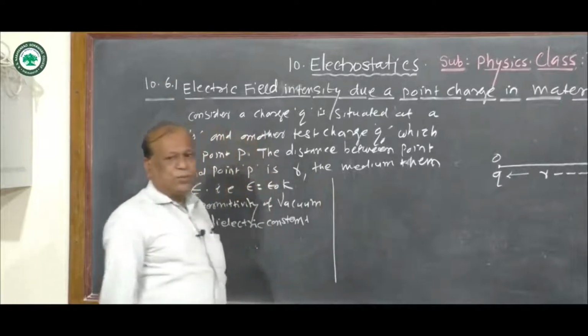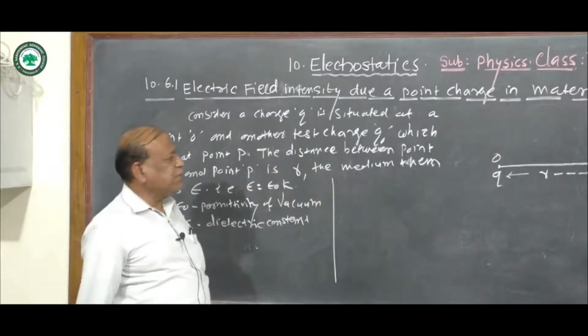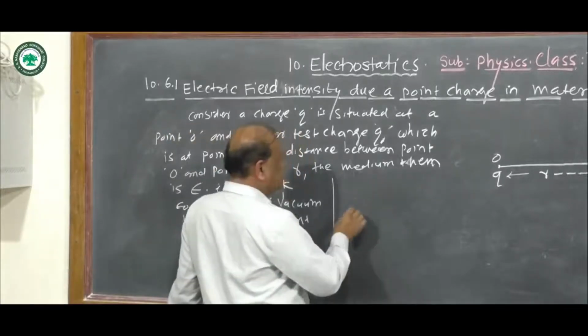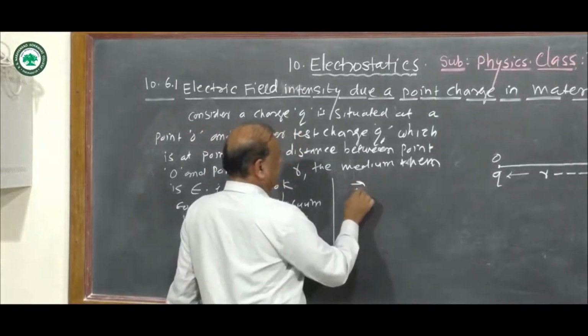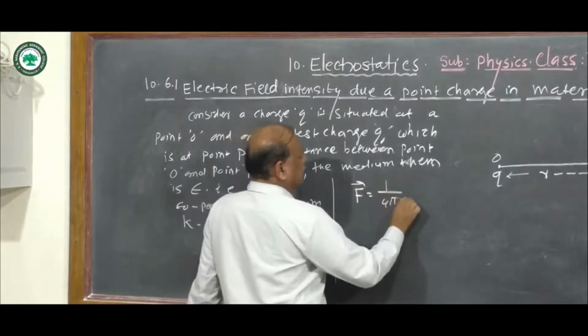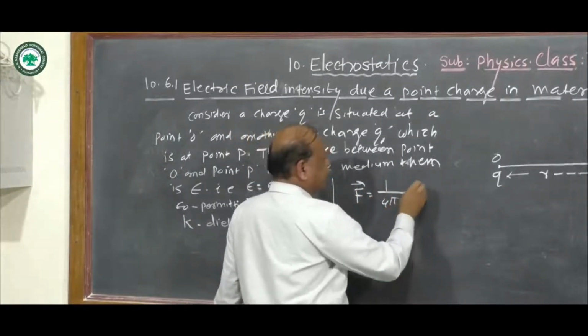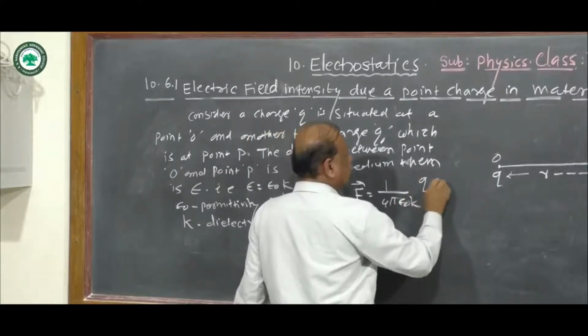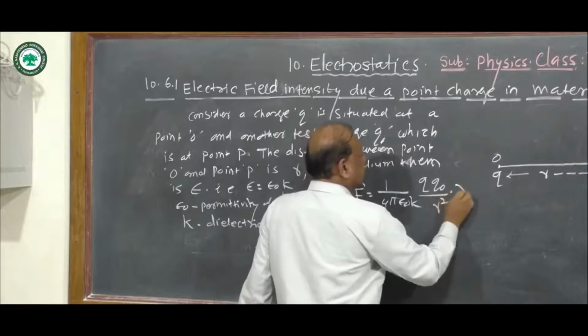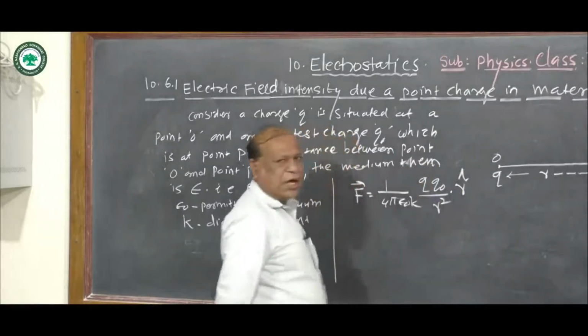Okay, now here according to Coulomb's law in electrostatics, the force, that is the Coulomb's force, F is equal to 1 upon 4 pi epsilon 0 K into the charge Q Q0 divided by R square into the unit vector R cap.